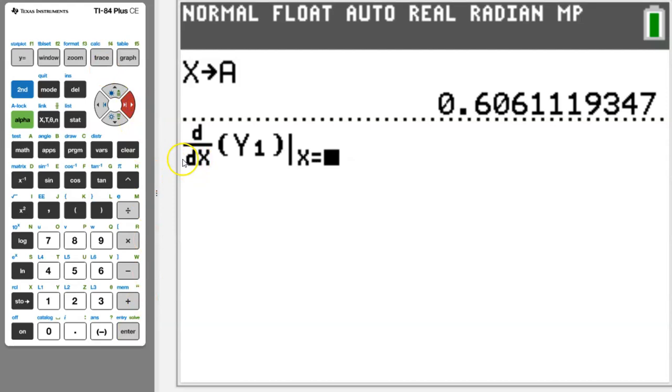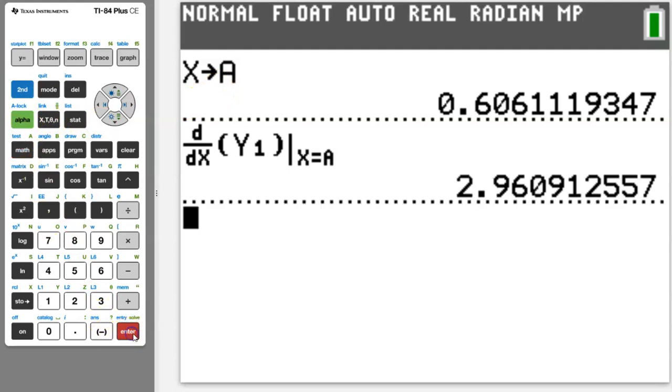So this is me taking the derivative of whatever I have typed into y1, which is the main function from this problem. Now I want to evaluate at 0.606111937. You can either type in all of these numbers right here, or since we stored this value into letter A, we can just go alpha A instead.